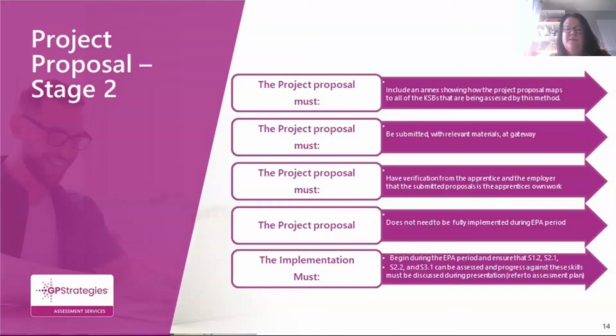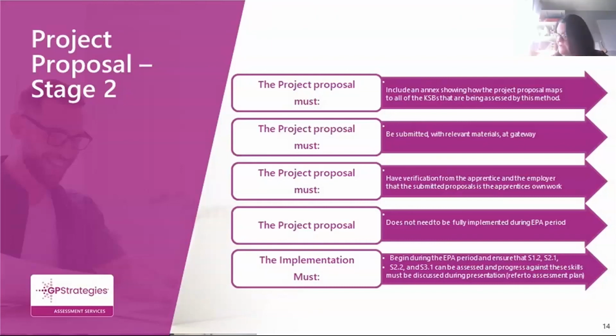The implementation must begin during the EPA period, so it has to have been started, and you'll see there that I've put S1.2, S2.1, 2.2, 3.3. That must be in there, can be assessed for progress against these skills, and must be discussed during the presentation.